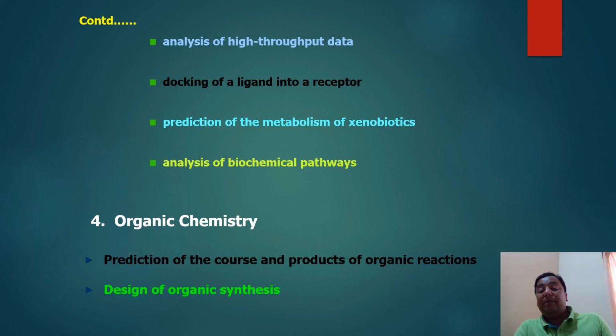Already we have studied all this: how to identify the lead molecule, how to validate and optimize the lead molecule, how to identify the target, how to validate the target. All these things we have discussed before. So now in organic chemistry, if we talk about the predictions of the course and product of organic reactions, this is the mechanism of reactions in terms of reversible and irreversible. Many drugs bind reversibly and irreversibly, so we need to understand these things.